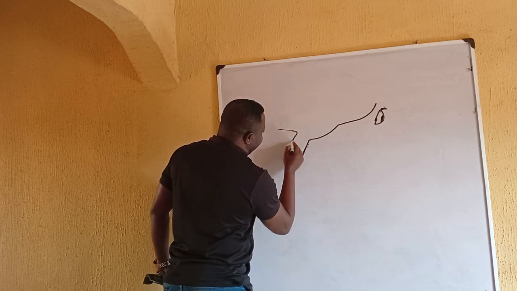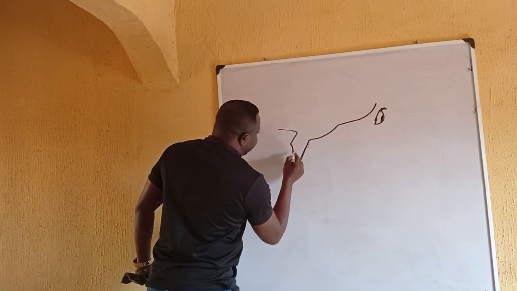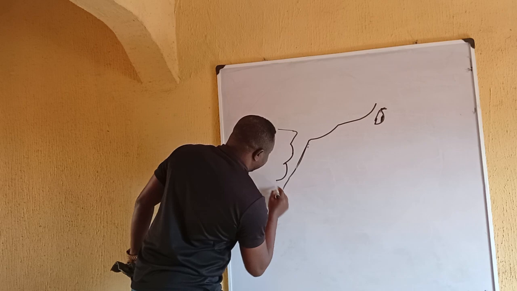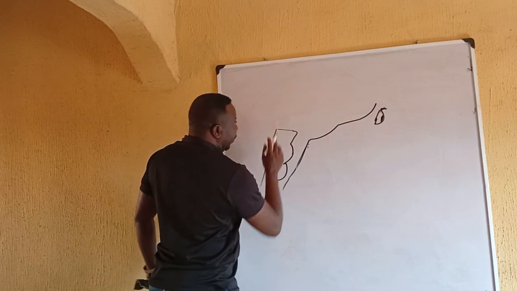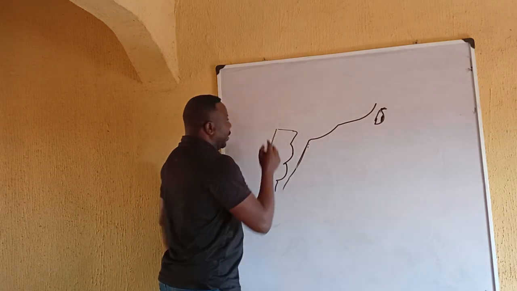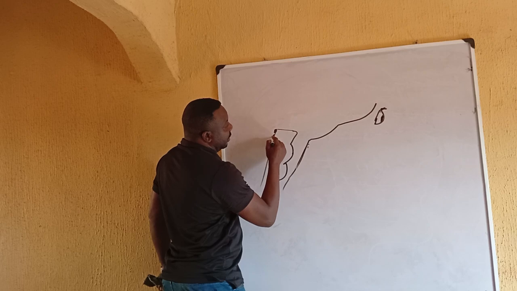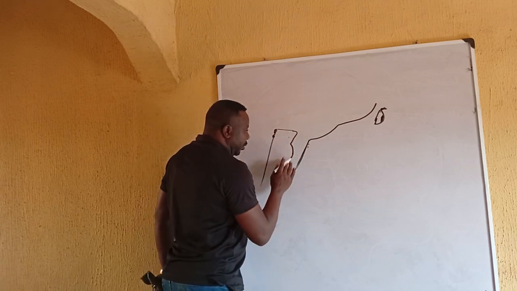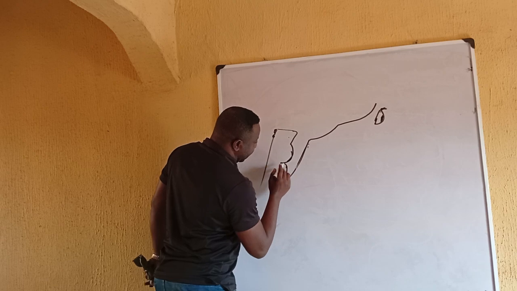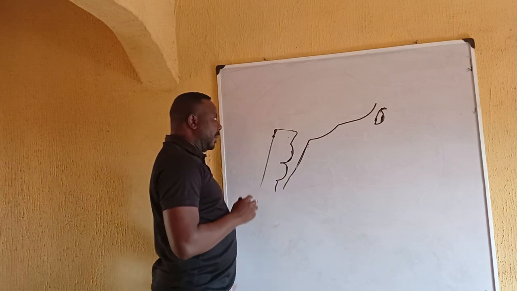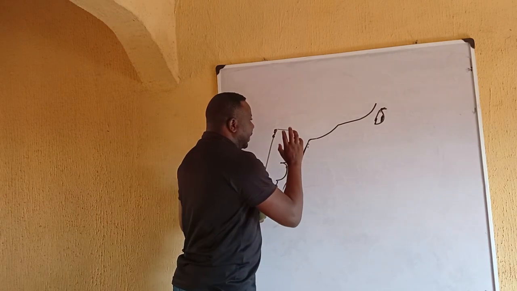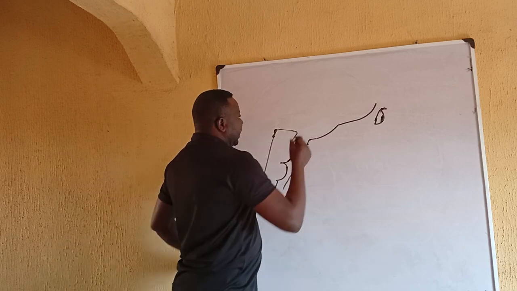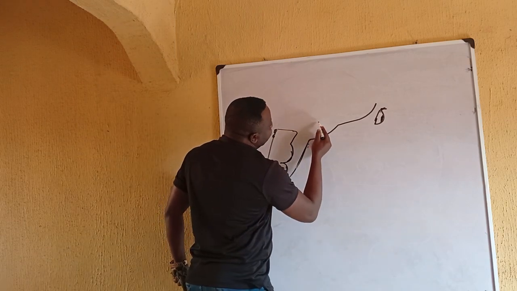Now, this is the diagram of the brainstem. Of course, the brainstem consists of the midbrain, the pons, and the medulla. Now, the trigeminal nerve arises from the trigeminal ganglion.